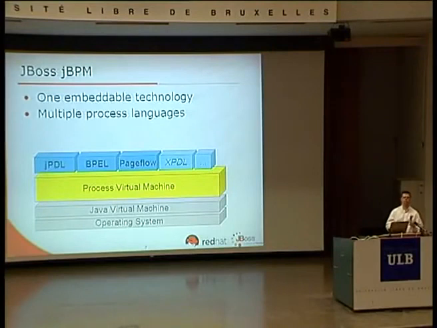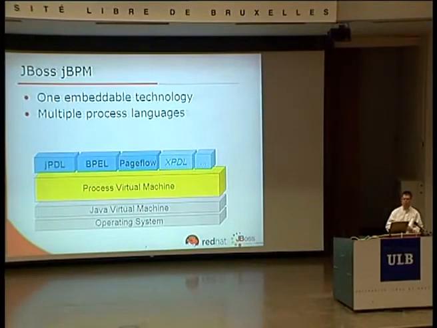The same for BPEL is another process language in a completely different environment. Now we're in a web services environment, typically an enterprise service bus. And the BPEL process language allows you to script a web service as a function of other services. So it's another environment where you want, let's say, process variables as XML snippets, whereas in JPDL, you want Java objects as process variables.